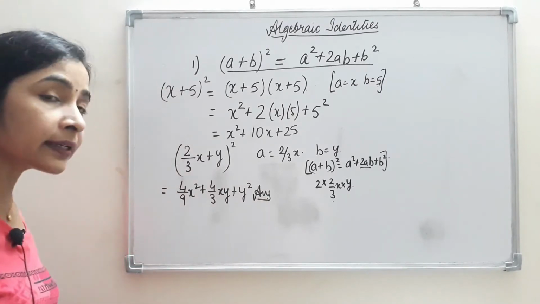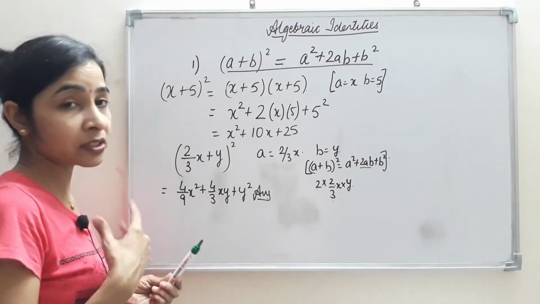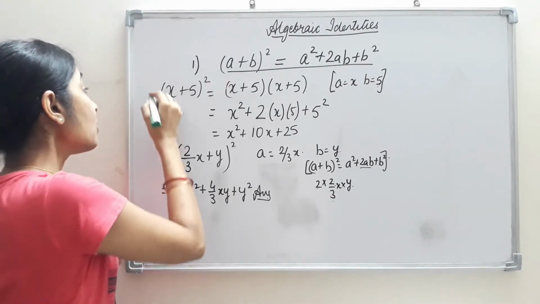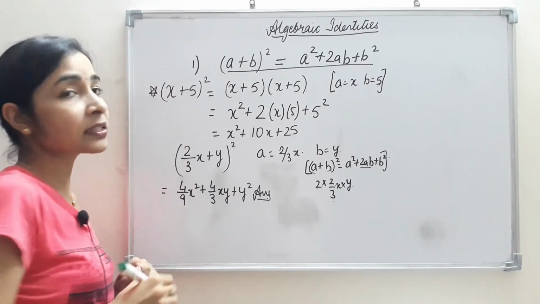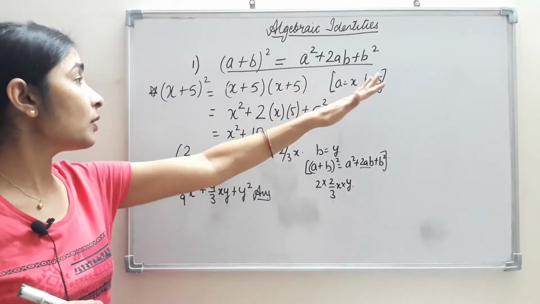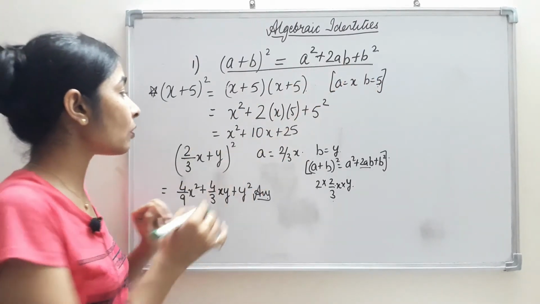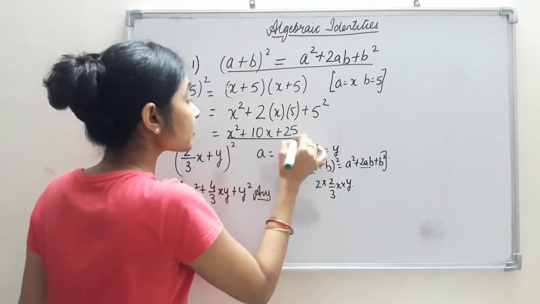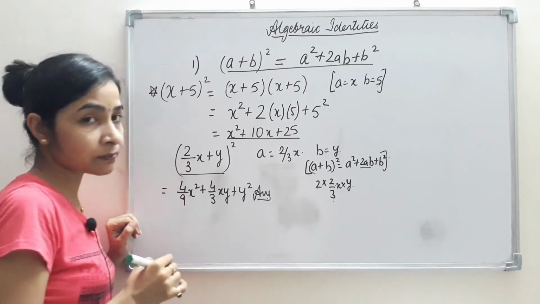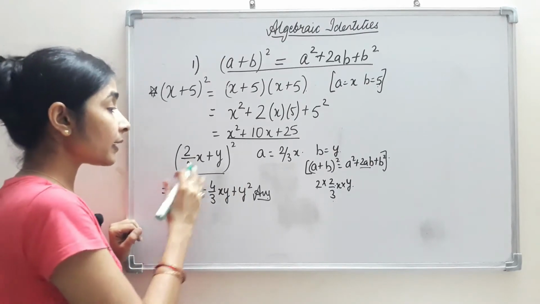When we are having the identities, it makes our work easy, like machines make our work easy. First we did the square of x plus 5 whole square. We used the identity a square plus 2ab plus b square, and we directly got the answer as x square plus 10x plus 25. In the same way we did 2 upon 3x plus y whole square. We directly got the answer.